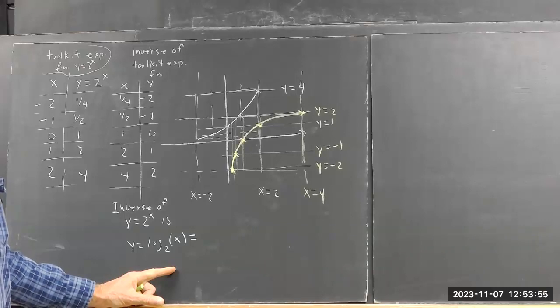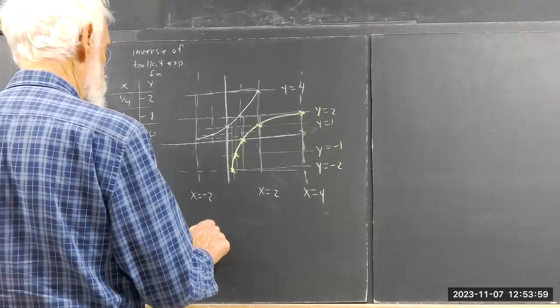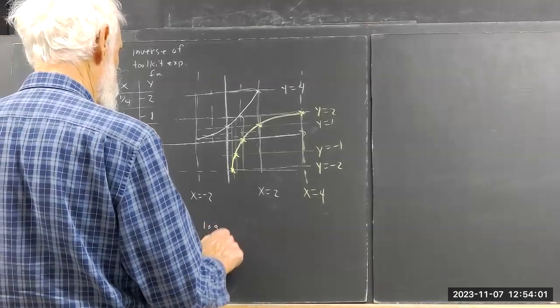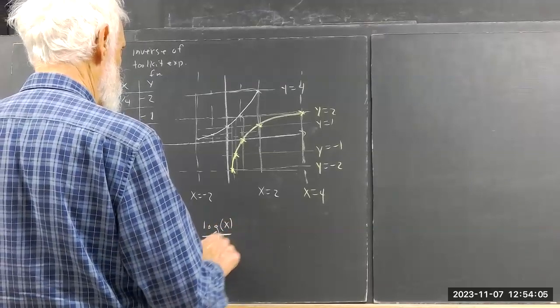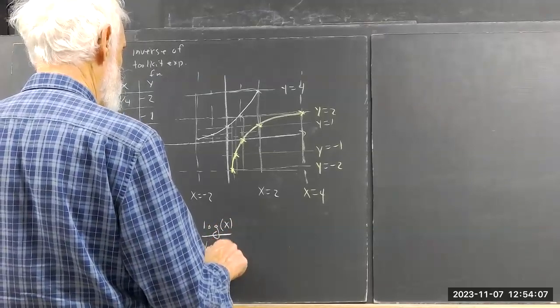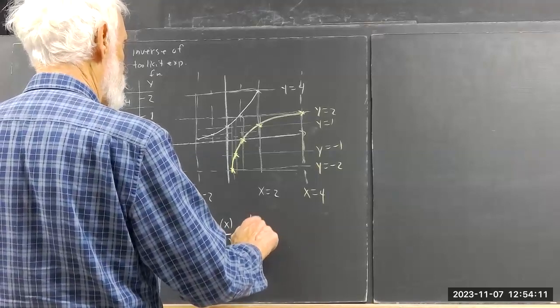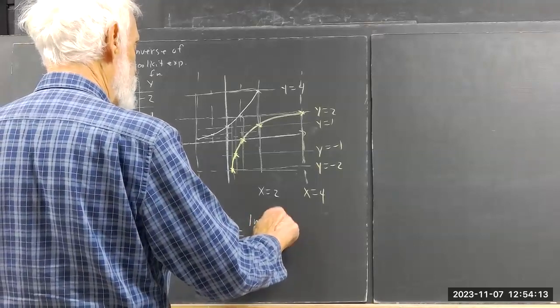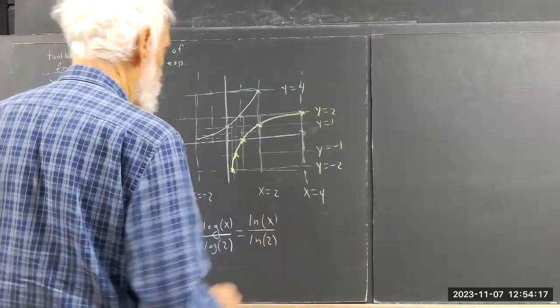The calculator you get to use in the test doesn't. So for that, we're going to need to know that this is log of x over log of 2, or natural log, ln of x over ln of 2.